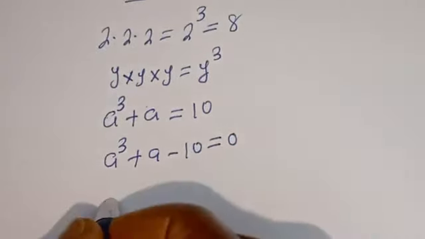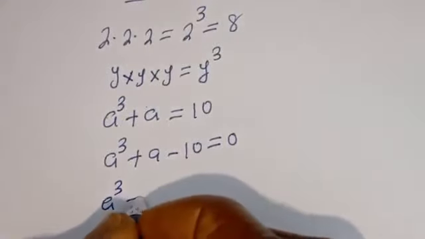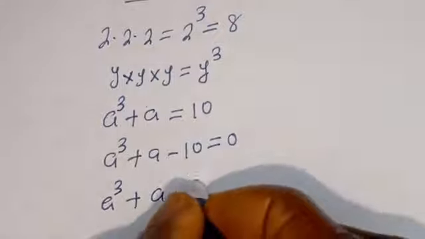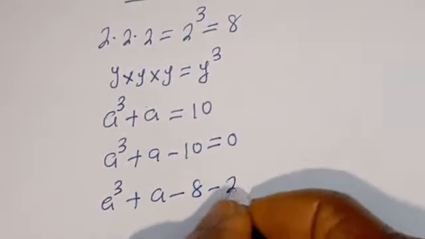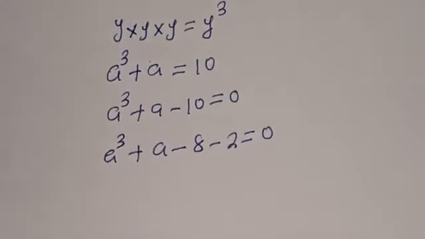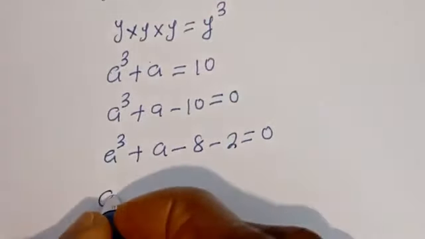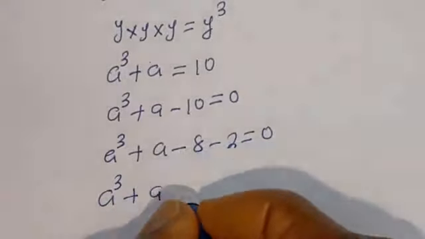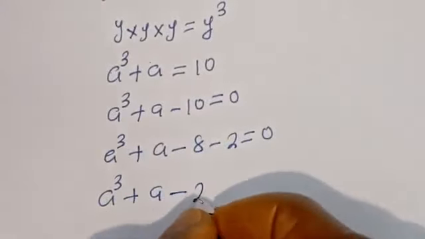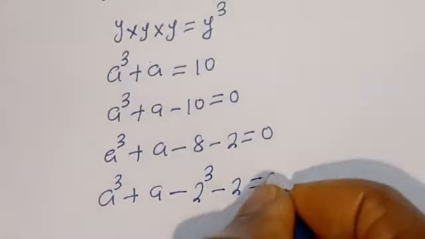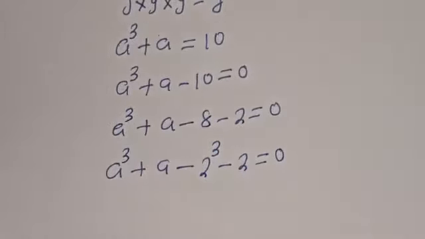Then here we have a to the power of 3 plus a minus 10 can be written as a to the power of 3 plus a minus 8 minus 2 is equal to 0. Then this is a to the power of 3 minus 2 to the power of 3 plus a minus 2 is equal to 0.